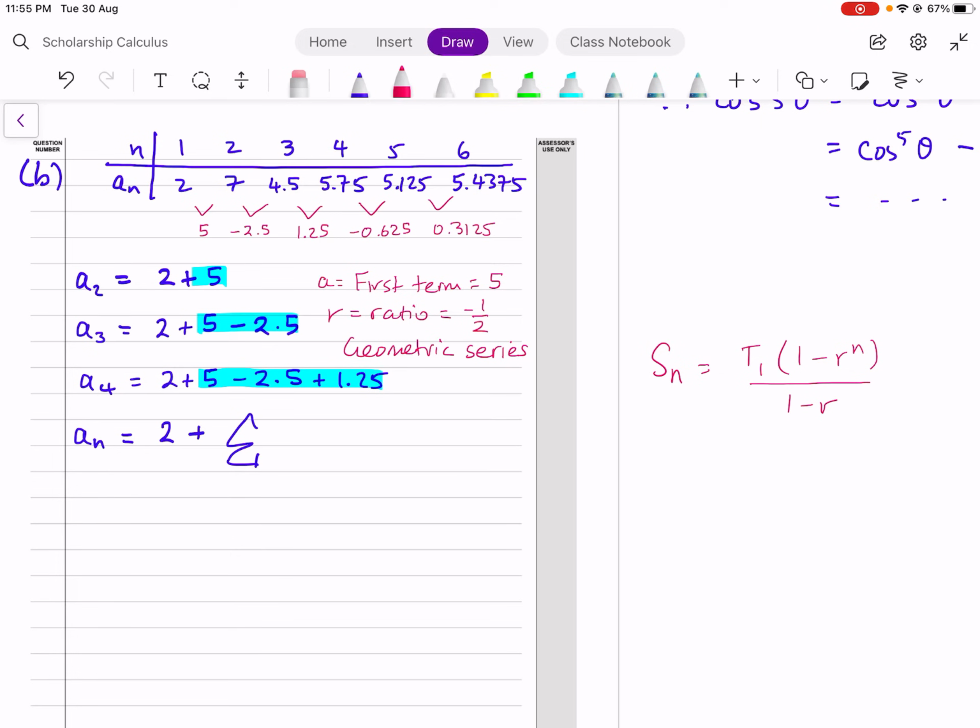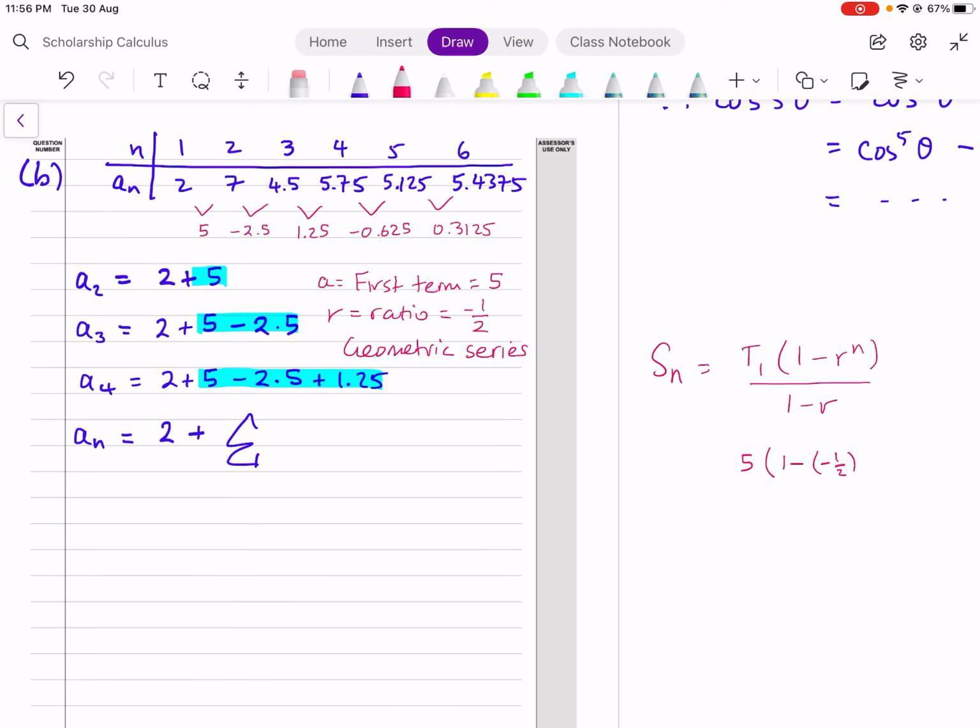And this is going to be a little bit confusing because this first one here is actually A2, and so our n's are not going to match. T1 is 5, and then the ratio is -1/2.